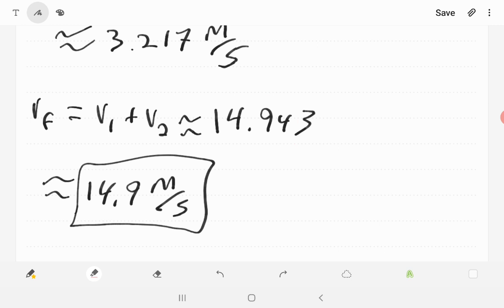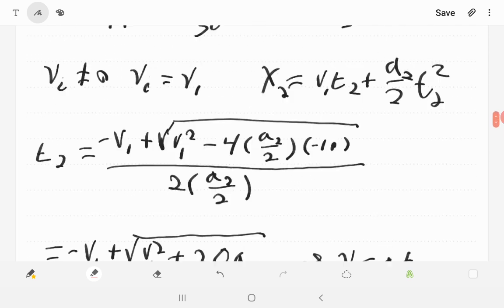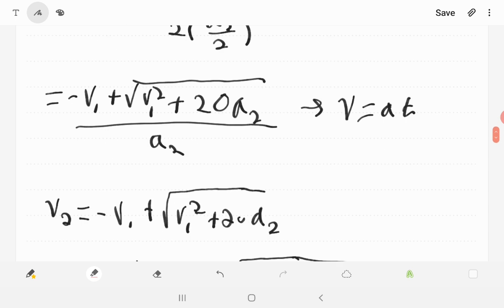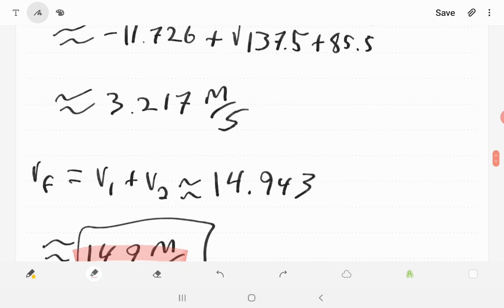So the final answer will be 14.9 meters per second because we do not have the accuracy to carry on our decimals beyond one decimal place.